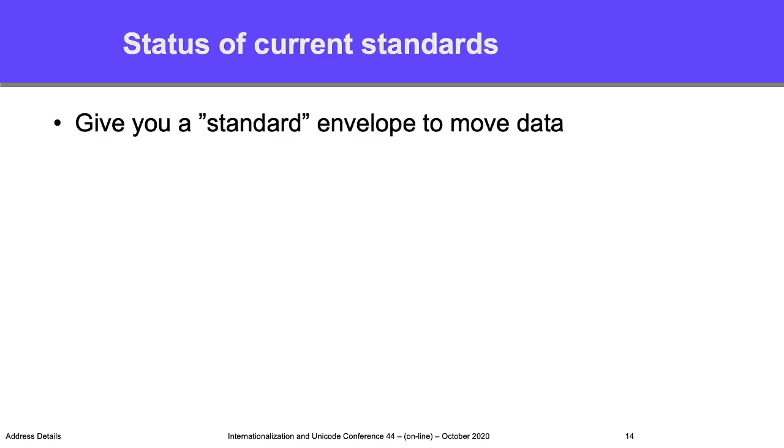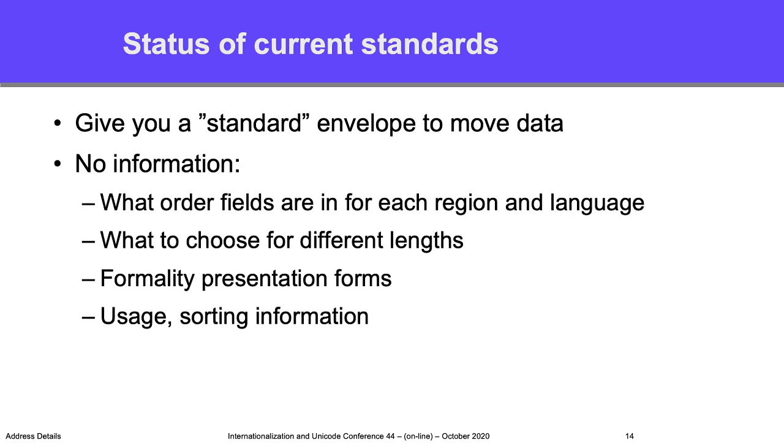So if you take a look at the standards that are available, they provide a tremendous amount of flexibility to be able to move data around in an effective way. But they do not give you any information on what order the fields are in for each region and language. They give you no information for what to choose for different lengths.